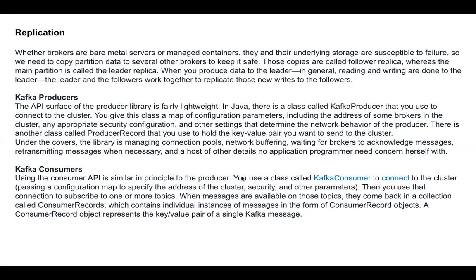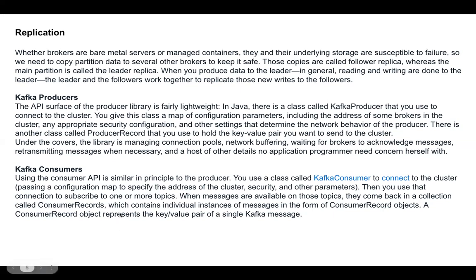So again, Kafka exposes a consumer API. The consumer connects to the cluster, and depending upon which topic it is subscribed to, reads the messages that are available on those topics. Now, the producer API produces the producer record. Consumer API has a consumer record object.